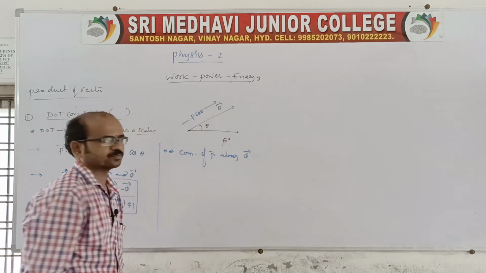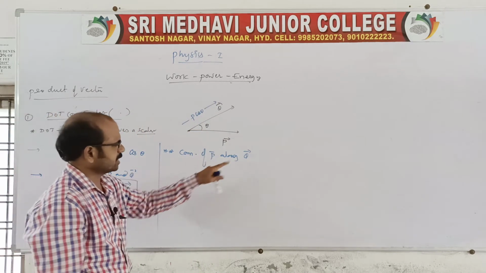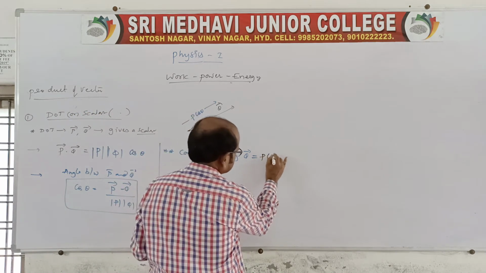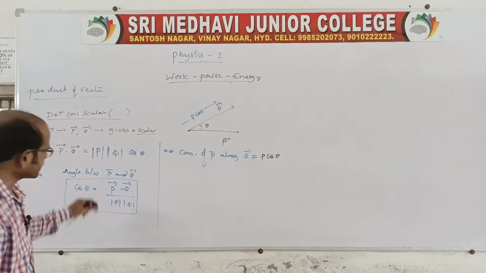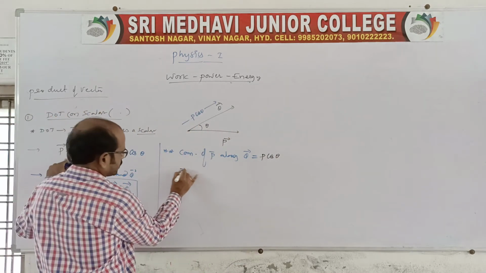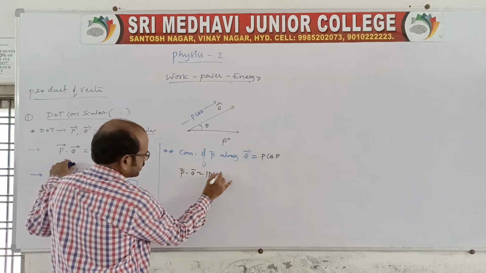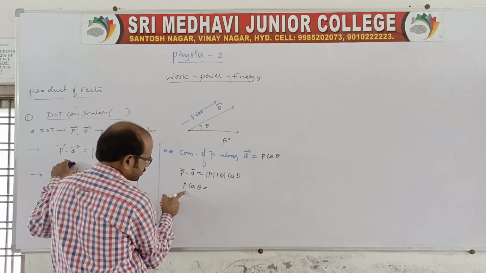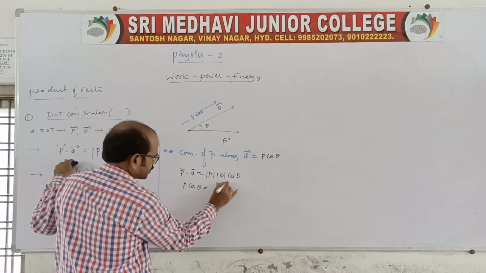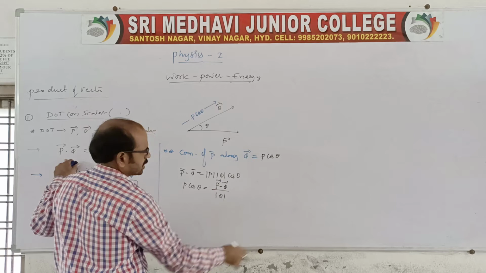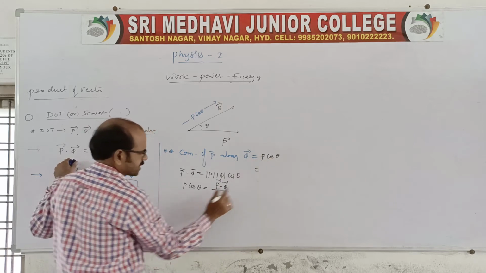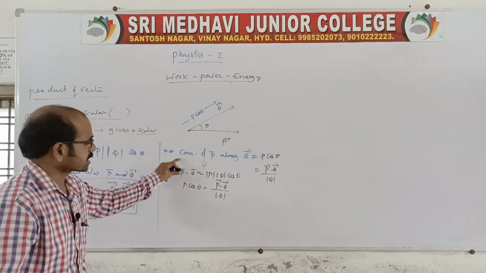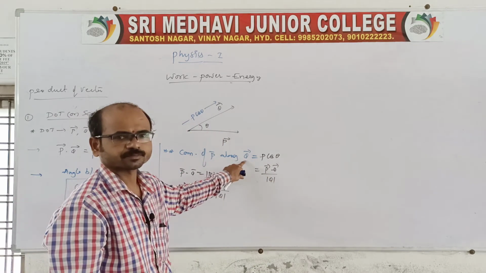From the expression P dot Q is equal to magnitude of P, magnitude of Q, cos theta, therefore P cos theta is equal to P dot Q divided by magnitude of Q. This is the component of P along Q.